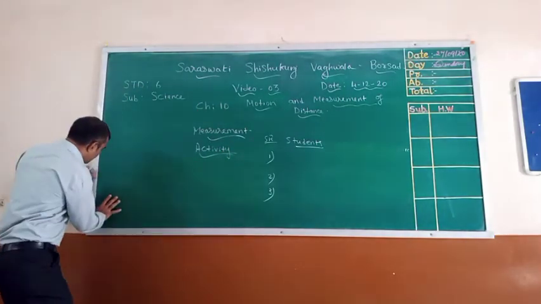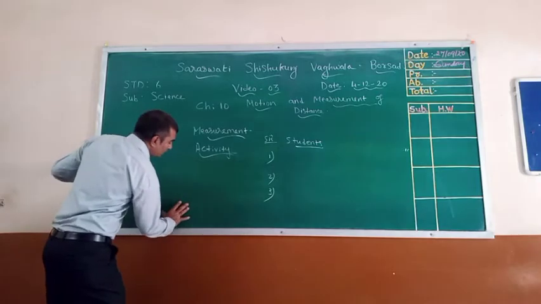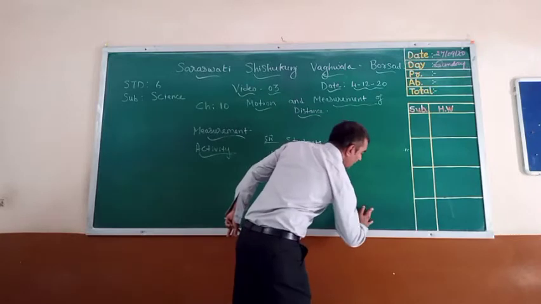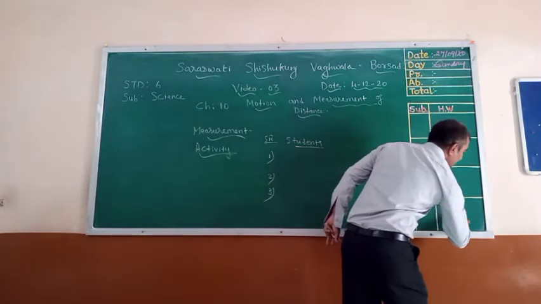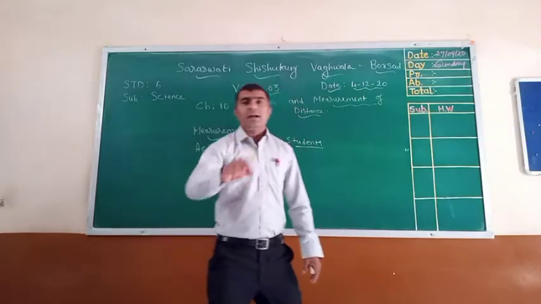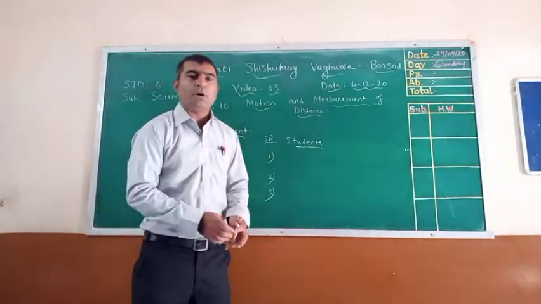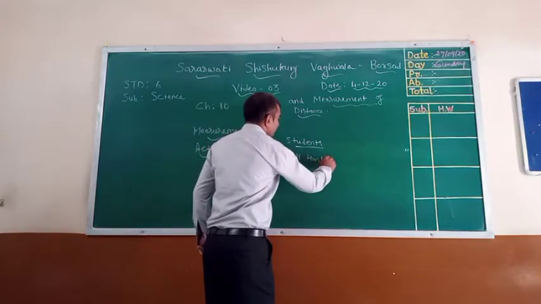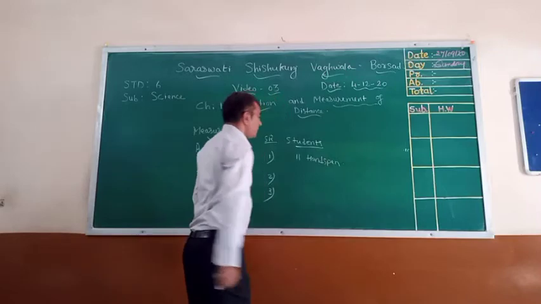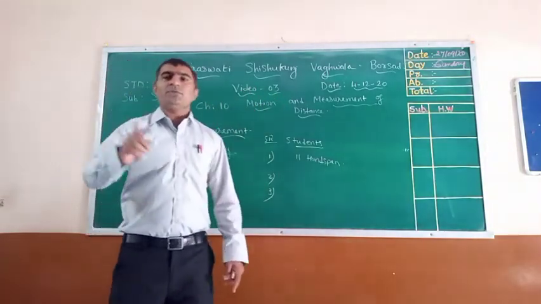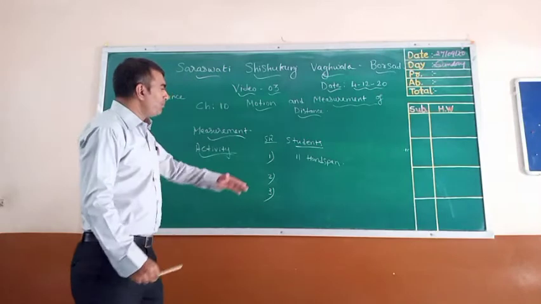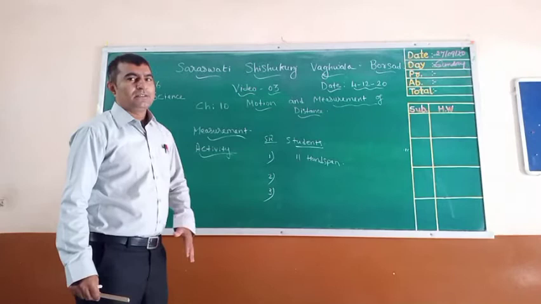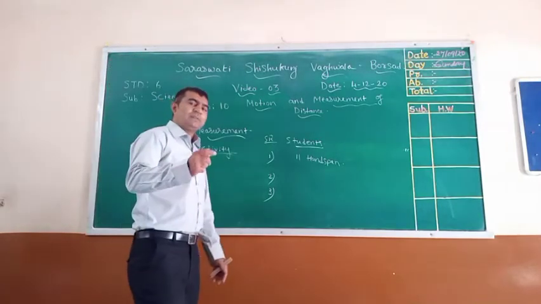Suppose I am measuring the board: 1, 2, 3, 4, 5, 6, 7, 8, 9, 10 and 11. See, I have measured the board with the help of hand span, and that is 11 hand spans. Now, I will tell any one of the students to come and measure the board with their hand span, right? So there will be a slight difference.